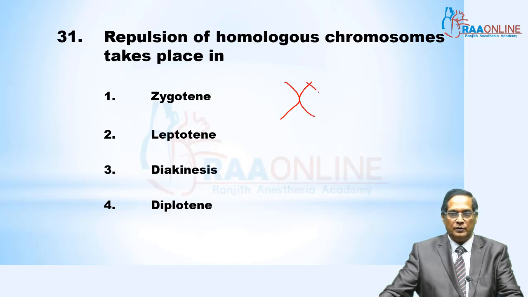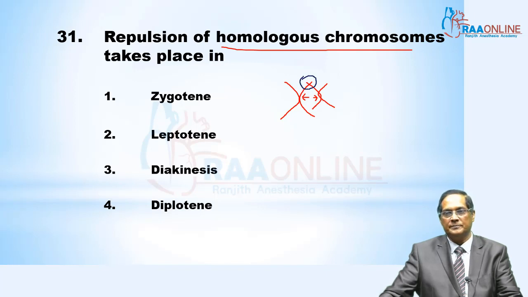But in the diplotene stage, these homologous chromosomes repel each other, and they are attached only at one particular place, where the crossing over occurred.